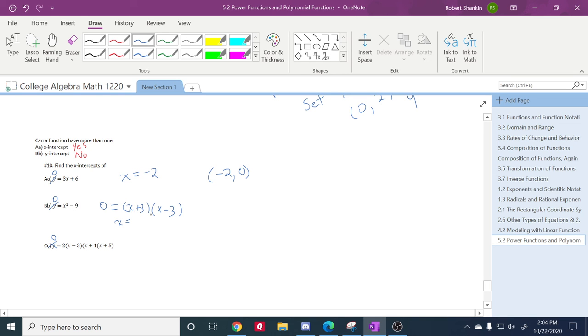Two things can multiply to be 0 only when one of them is 0. This one is 0 when x is negative 3. x equals 3 would cause this one to be 0. So (-3, 0) and (3, 0) are the two x-intercepts of this.